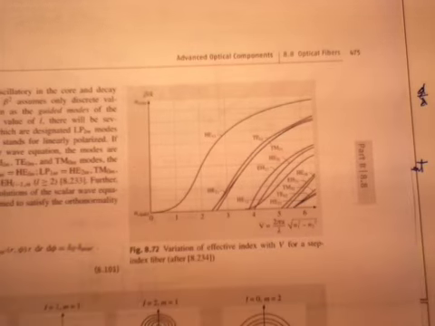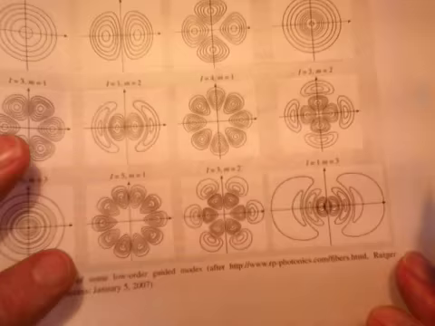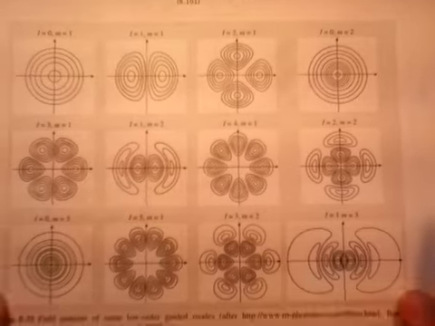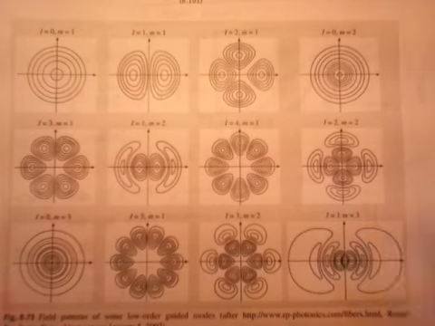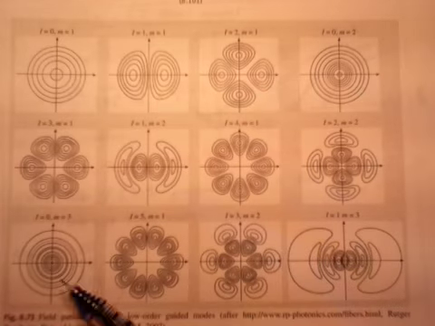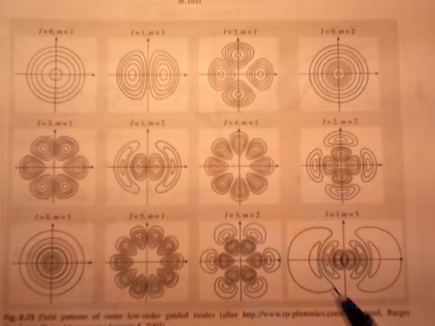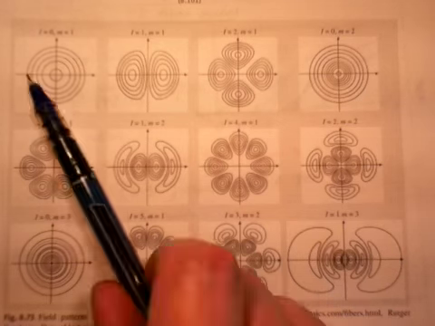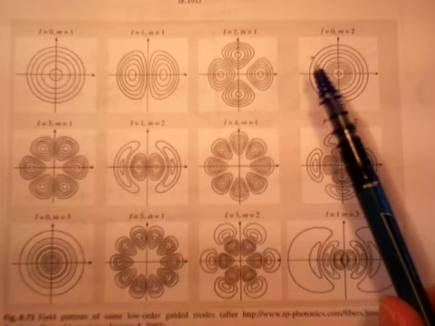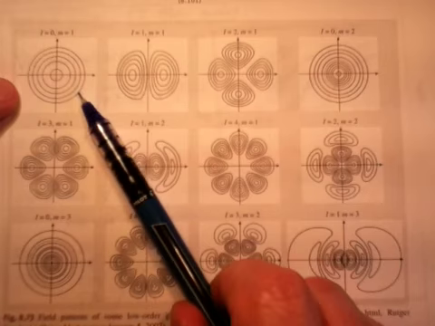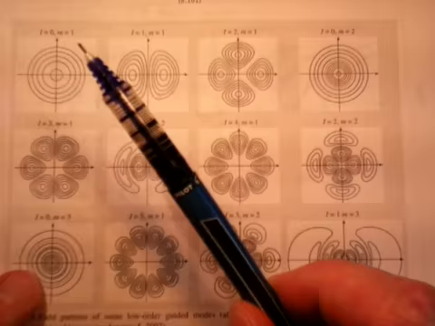What's really cool is the symmetries that these modes take on. This diagram shows you a whole bunch of different mode profile plots, showing you that a lot of these different modes have all kinds of interesting, beautiful mode patterns. The circular ones, say this one in the upper left-hand corner, just concentric circles, represent essentially the Gaussian profile.